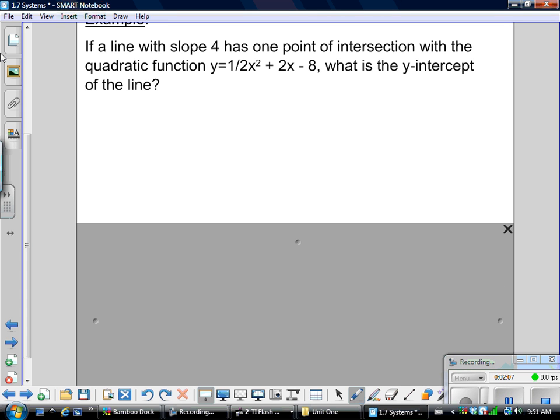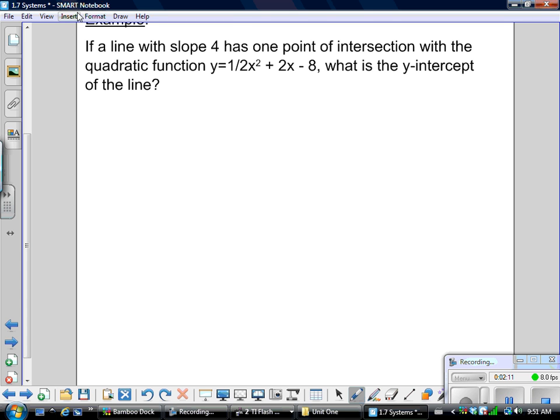Well, the first thing, and I'm just going to get rid of this because I don't need it, is I have a line with a slope of 4, but I do not know the y-intercept. So I know that piece of information gives me y equals mx plus b. I have y equals 4x plus a certain b.